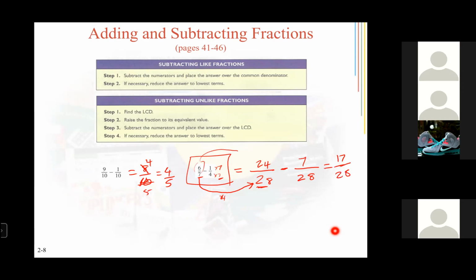Okay. So when you subtract 7 from 24, you get 17. 17 over 28. Can that be reduced further? No. That's the lowest term right there. Okay.